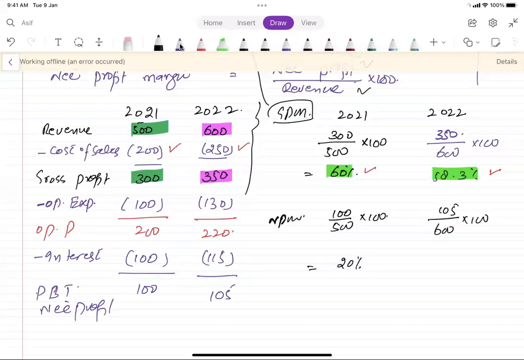And what is the next situation? 17.5. Again, the net profit margin has decreased. It was higher in 2021 and it decreased in 2022. The reason is that we have increased all of our expenses in such a way that our net profit margin has decreased. So this is the way we analyze things. This is the way we look into the income statement of our business.